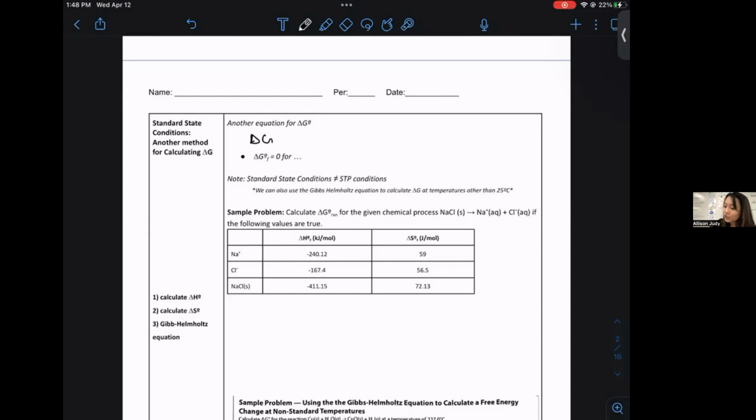We can find the G of reaction by saying it's equal to the sum of the products' Gibbs free energy times their molar ratio, minus the sum of the reactants' Gibbs free energy times their molar ratio. Look familiar, right? You've done this with entropy, you've done this with enthalpy. This is just like your summation with tabulated data. This would totally be given in the table.